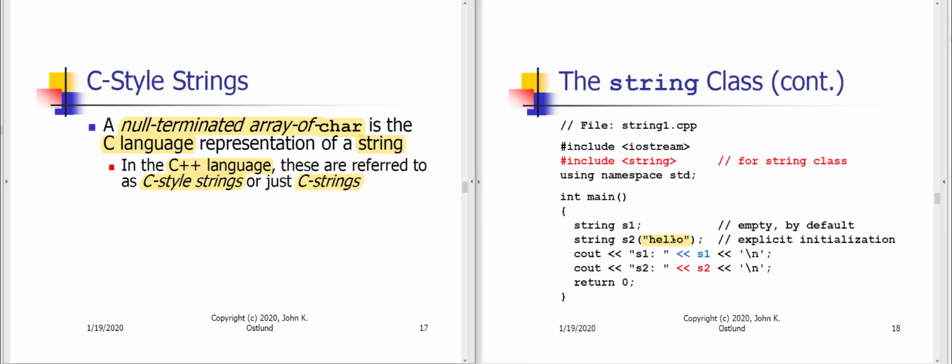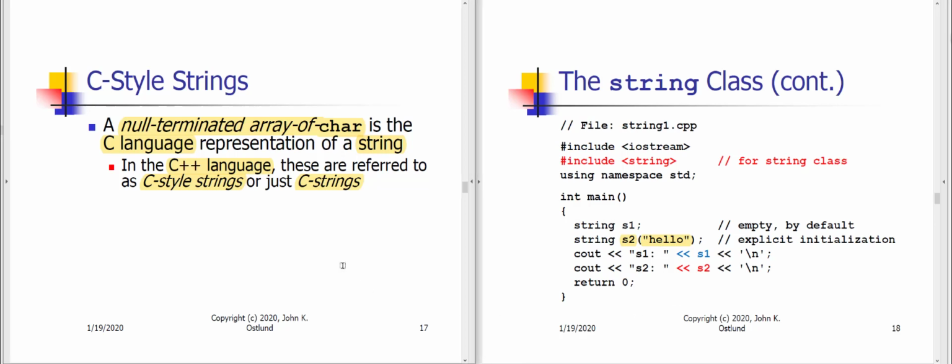All right, so what I've done here on slide 18 is I've used a C string, that is a string literal in double quotes, which is represented in memory as an array of 6 chars, H, E, L, L, O, and a null char. I've used that C string to specify the initial value for the C++ standard library string object s2.